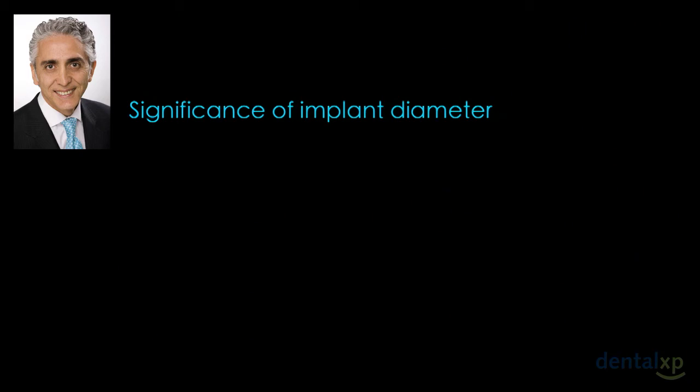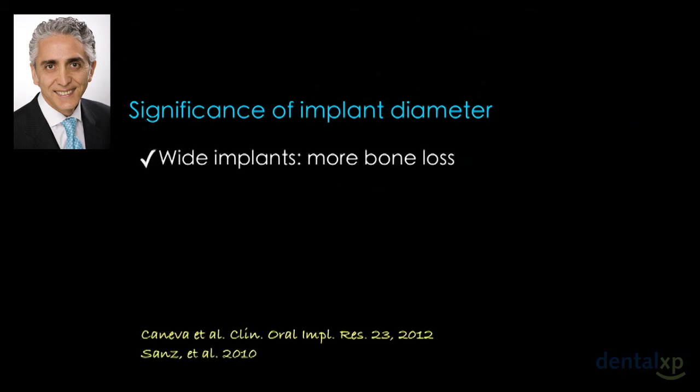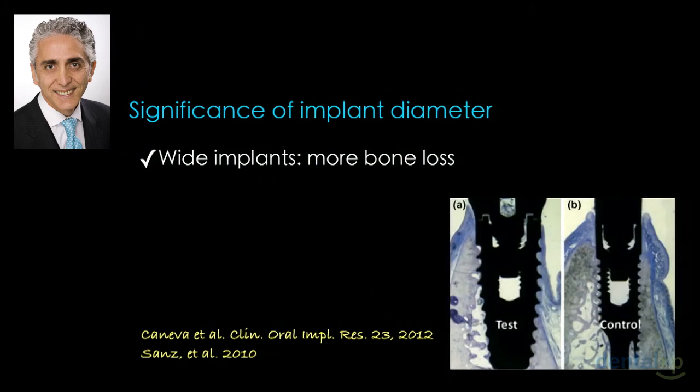So what are the other aspects? Now that we've established the anatomical parameters, what should we select as our implants for these sites? Should we use wide diameter implants, or should we go with narrower diameter implants? Well, there have been several studies that have demonstrated that wide diameter implants exhibit more bone loss.